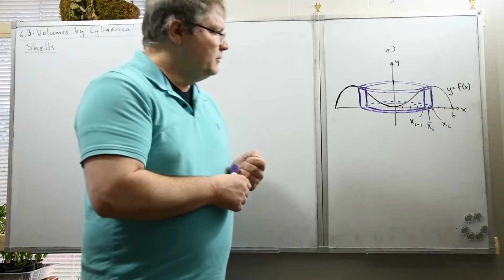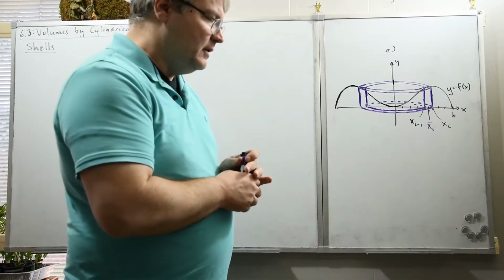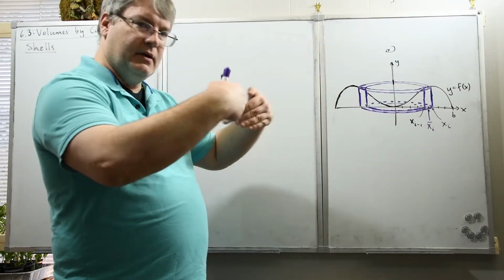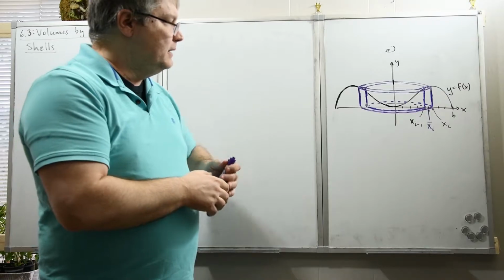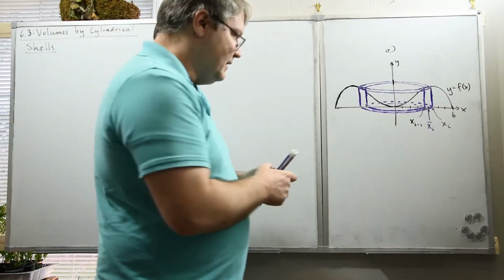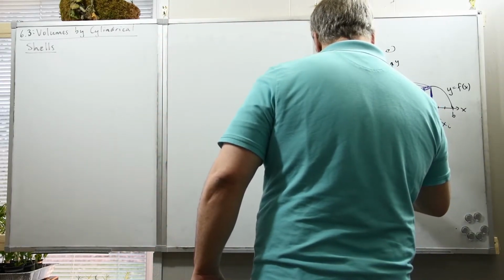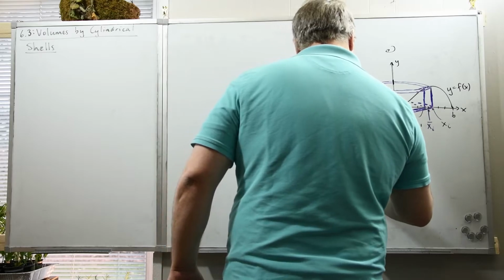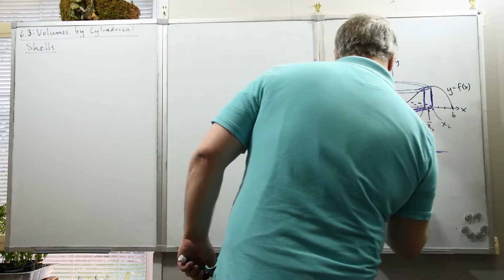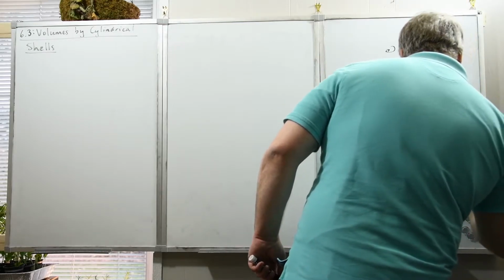Well, one way to really think about the volume is to consider what would happen if you were to cut the shell like so and unwrap it. Now what you would get would be something that looks a bit like a rectangular solid. Cut the shell, unroll it.